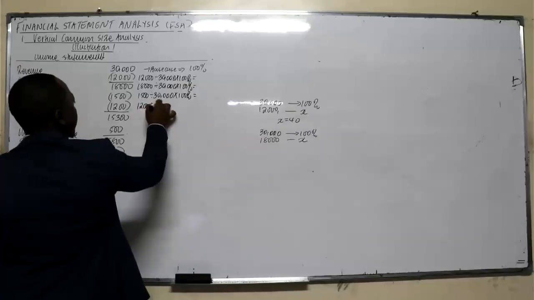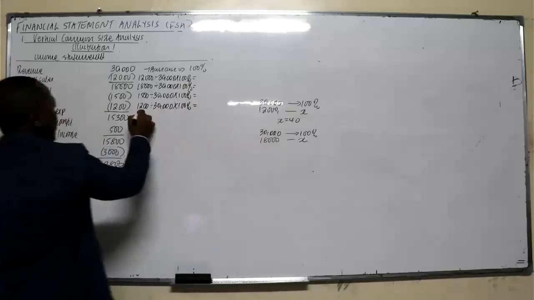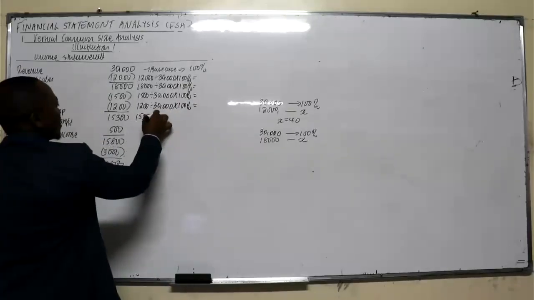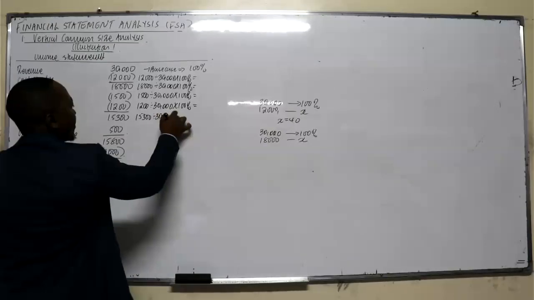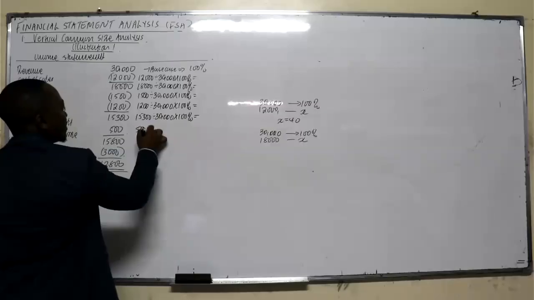You have 12. 15,300 divided by 30,000 times 100%. Here I have 500.